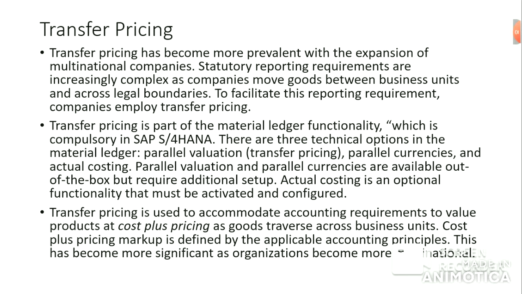Transfer pricing is used to accommodate accounting requirements to value products at cost plus pricing as goods traverse across business units. Cost plus pricing markup is defined by the applicable accounting principles. This has become more significant as organizations become more multinational.